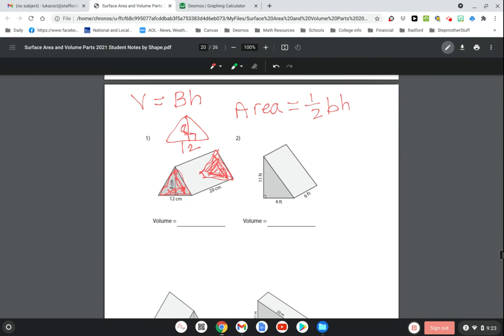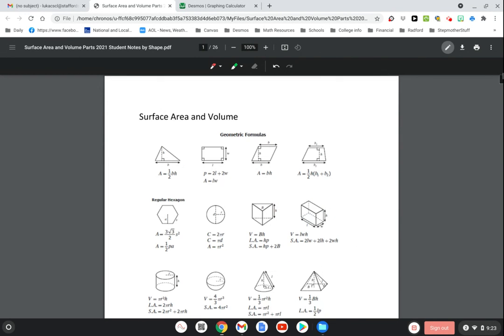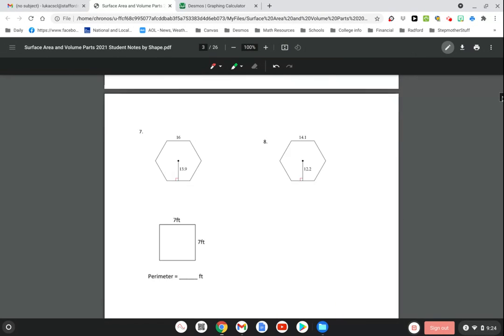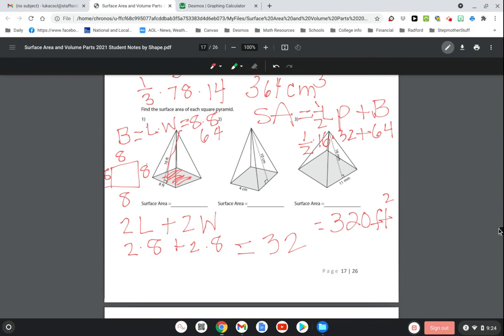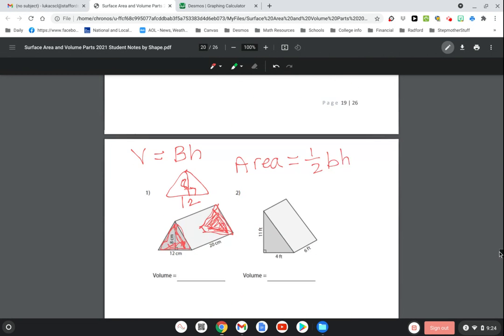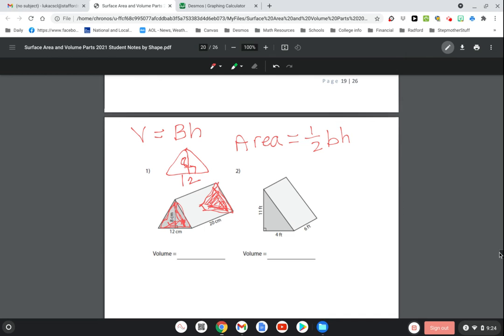I just want to show you that formula really quickly, because the base and the height are perpendicular. They have a 90-degree angle separating them or formed by them, however you would like to say that. So my 8 and my 12, not sure if you can see that here because I've kind of scribbled on my picture, but you can see that they have a 90-degree angle.